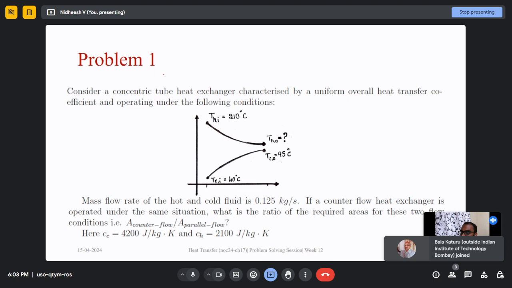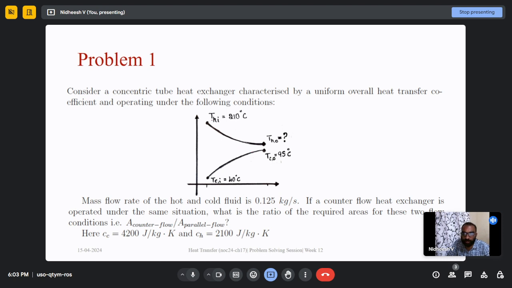Let me read out the problem statement for you. Consider a concentric tube heat exchanger characterized by a uniform overall heat transfer coefficient and operating under the following conditions. We have a concentric tube heat exchanger with the conditions as given in this diagram.